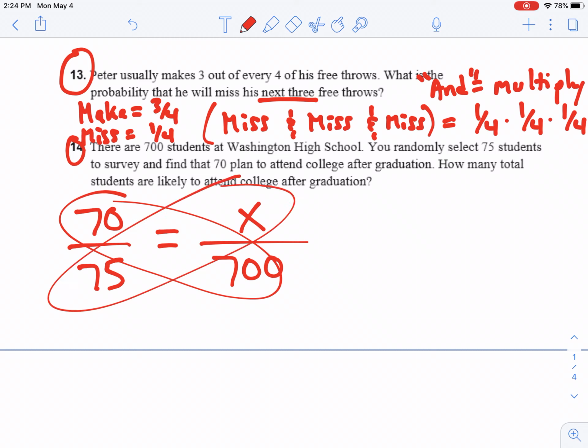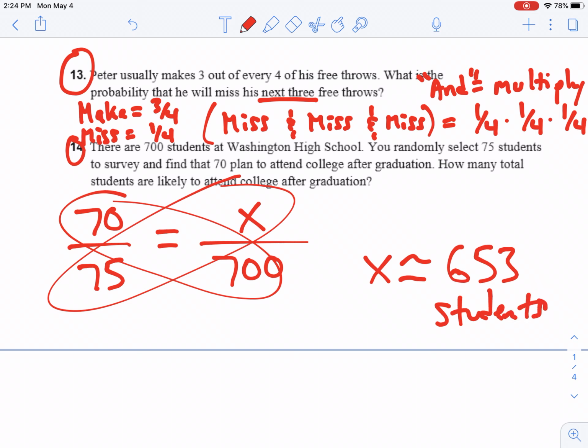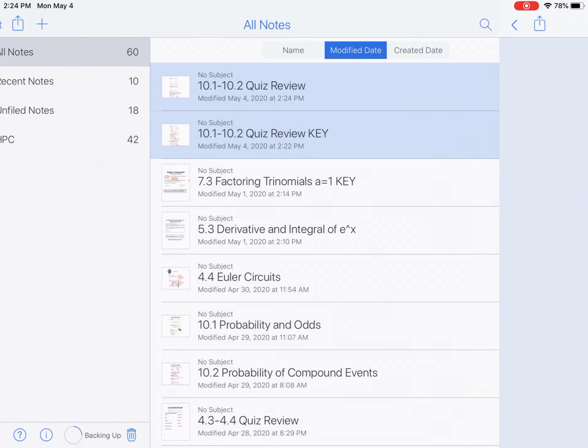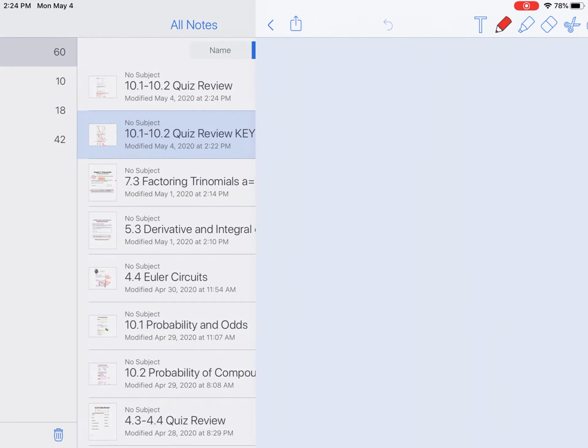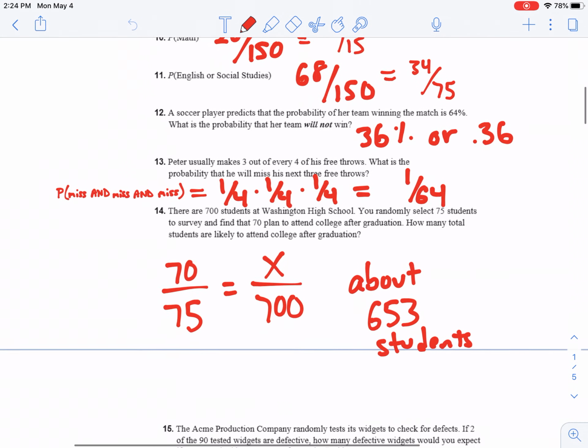I think it comes out to like 653 students or so when you do the math. I don't have a calculator on me right now, but I believe that's the correct answer. Yeah, 653.